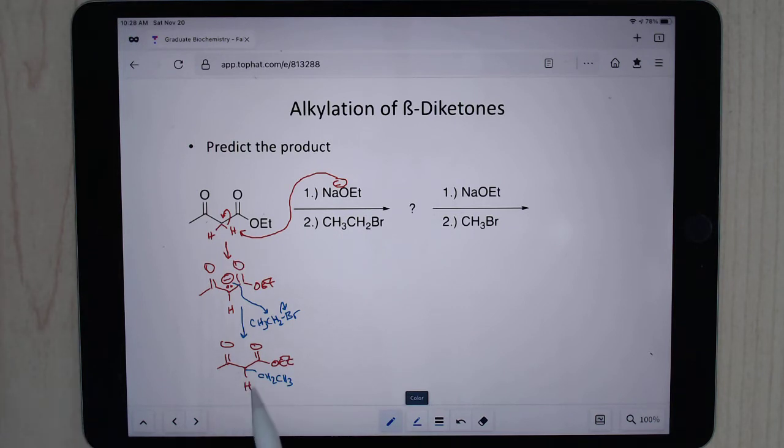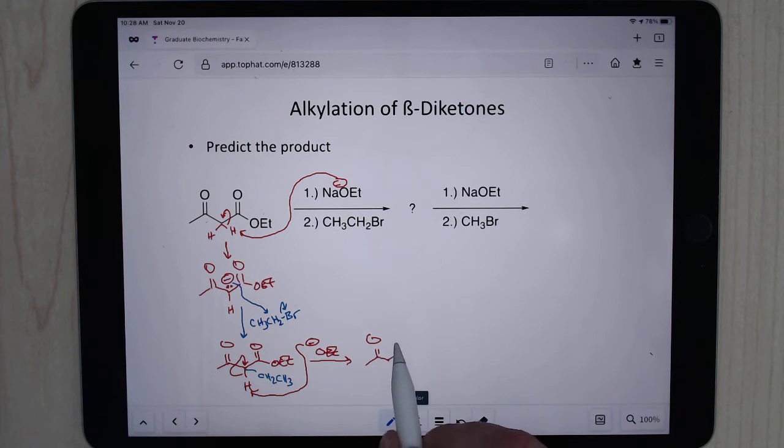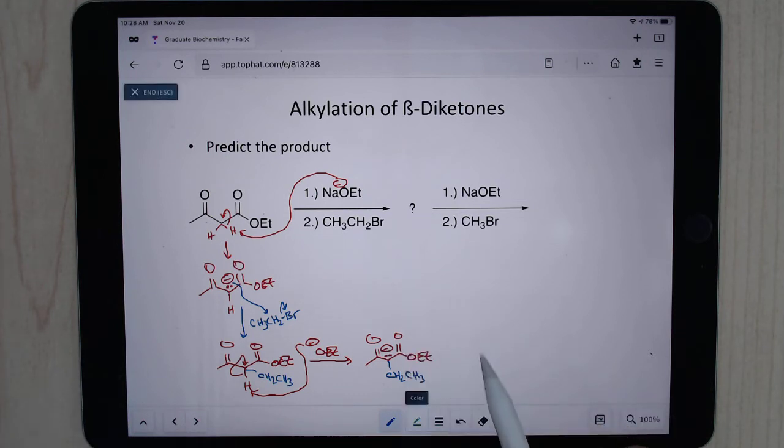But we have another acidic hydrogen here, right? So we can go through the cycle again. Right? If we put in some more sodium ethoxide, put that there. Right? Now let's put in, say, methyl bromide.